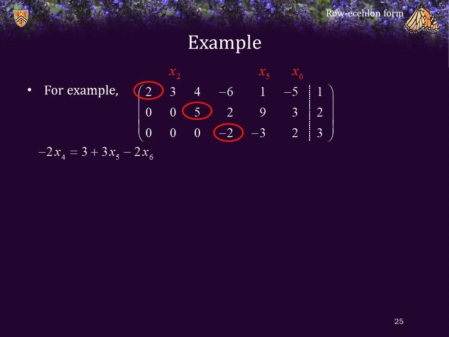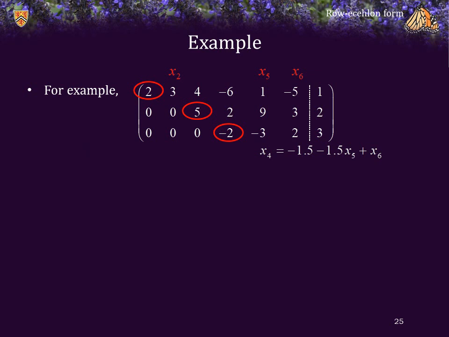Here we have this expression, and now we can solve for x4 by dividing both sides by negative 2, which tells us that x4 is equal to negative 1.5 minus 1.5 times whatever value we give x5 plus whatever value we give x6.